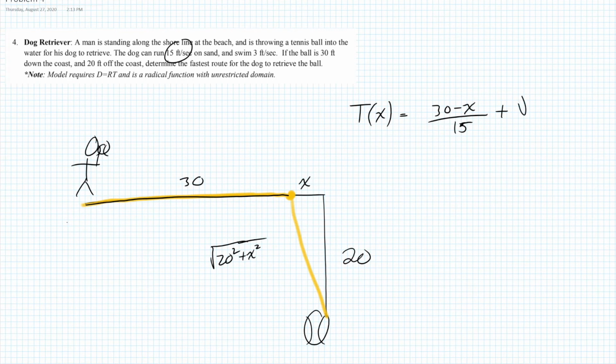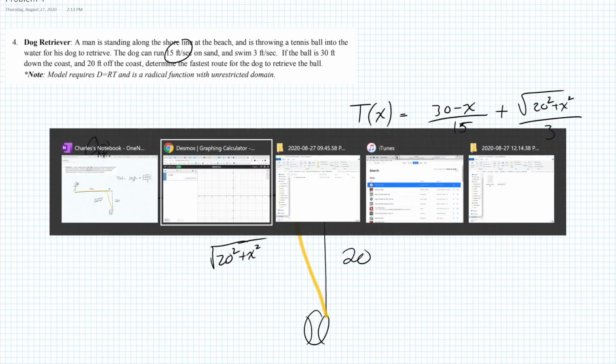So I'm going to get the square root of 20 squared plus x squared divided by how long it takes him to swim. Say if he was going to go 15 feet in the water, it would be 15 divided by 3, which is 5 seconds. It's going to be whatever the distance is in the water divided by 3. And now we have a function that we can just plug into Desmos.